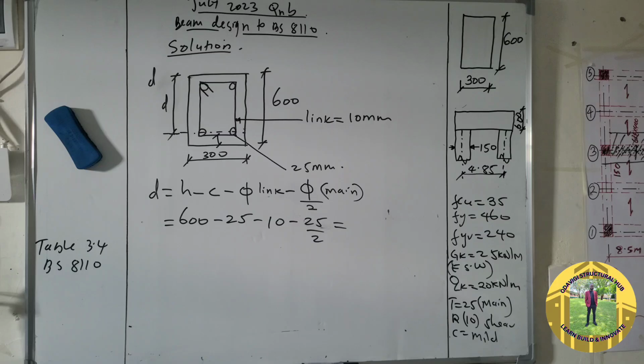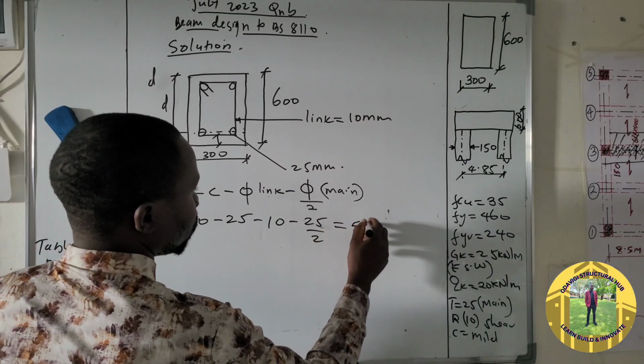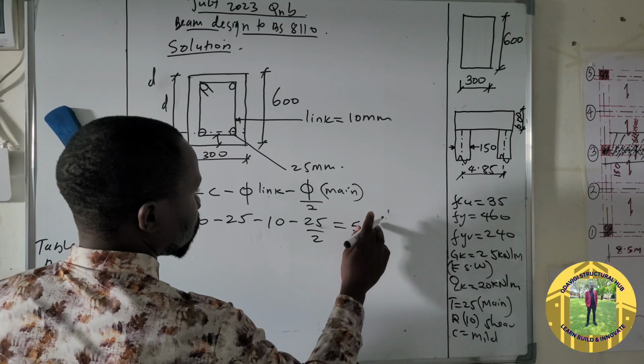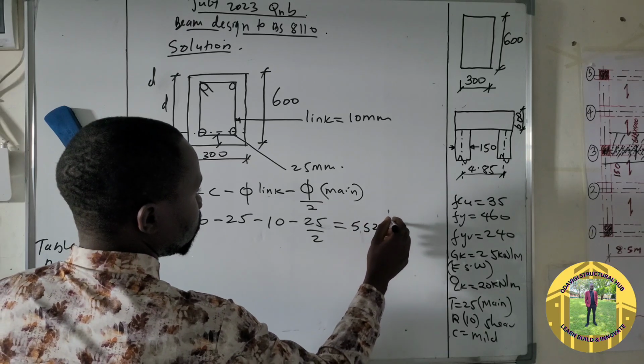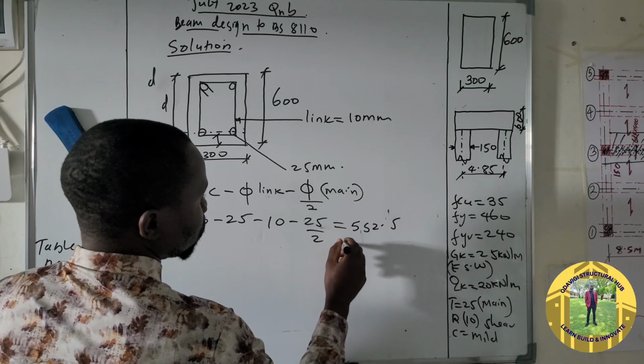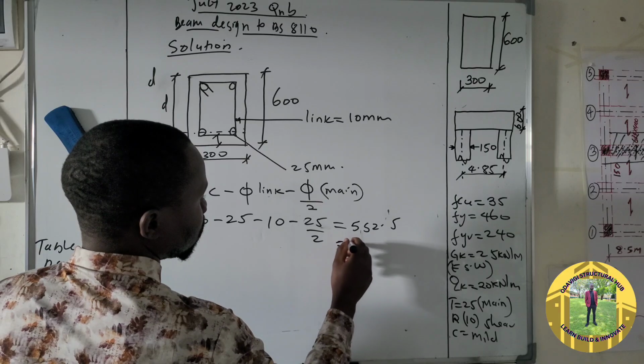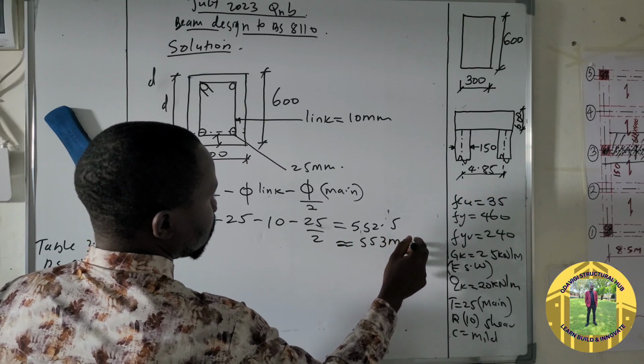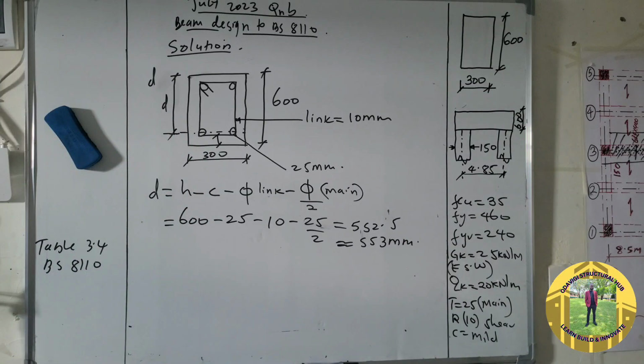Therefore, D is equal to 552.5. So let's say 553 millimeter. So this is our D.